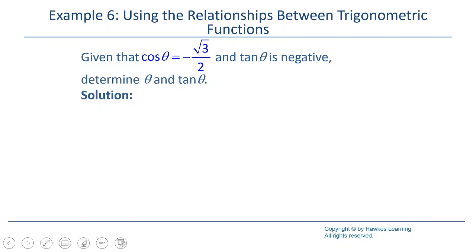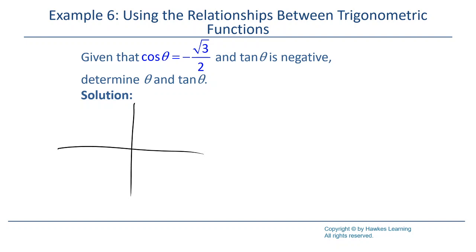Now, if you go back to your unit circle, there's going to be a problem. There are actually two places where cosine of theta is equal to negative square root of 3 over 2 on the circle, which means you can't just pick one and go with it. So what we do is a nice process of elimination.